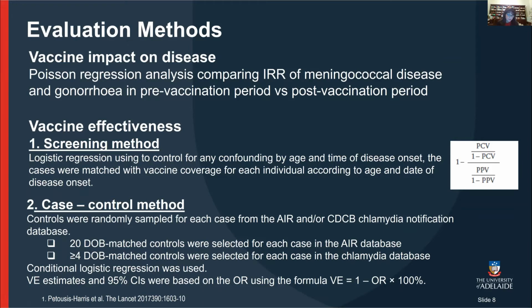And then vaccine effectiveness by the screening method and the case control method. We used two different case control analyses. One used controls from our Australian Immunisation Register, with 20 controls to a case. And for the gonorrhea case control analysis, we used chlamydia cases as controls.